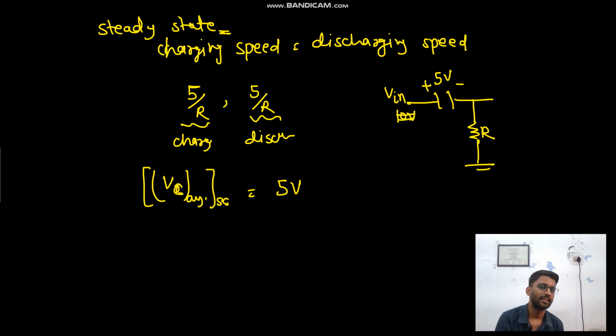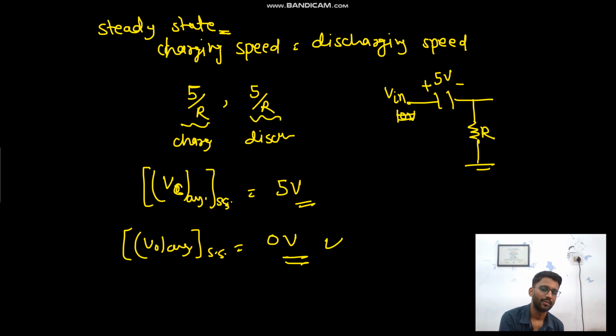So if V in is 10, then the speed of charging is 10 minus 5 by R, so it would be 5 by R. And if V in is 0, the speed of discharging would be 5 by R. So VC average at steady state will be 5 volt. So your V naught average at steady state will be 5 minus 5. So it will be 0 volt.